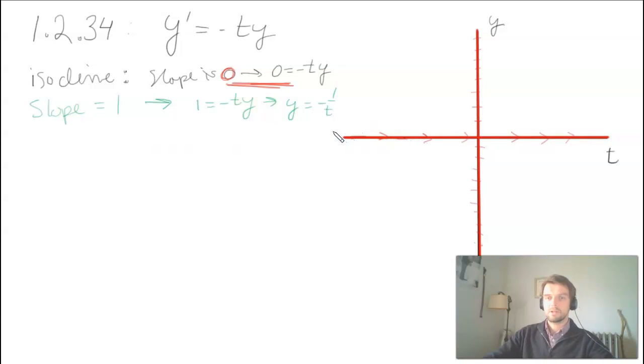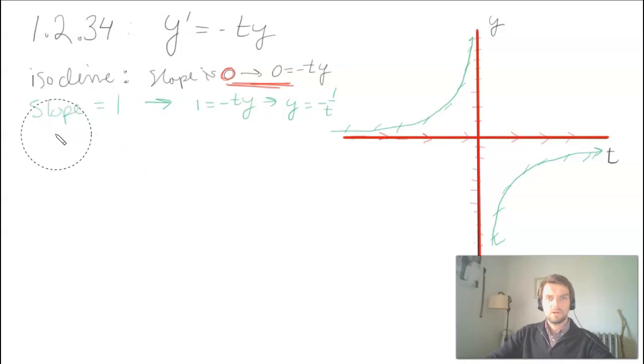So we have this isocline right here, and you have one down here as well. And so anywhere along here has a slope of positive 1. So let's sketch those in. Everything along here has the same slope of positive 1.